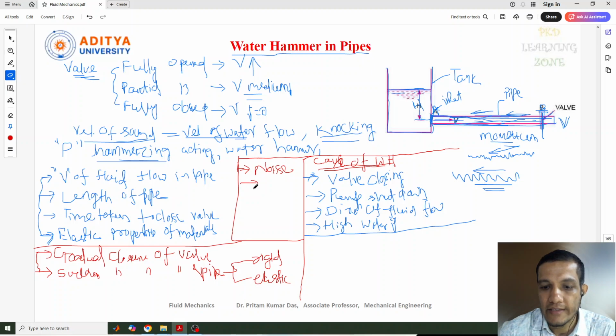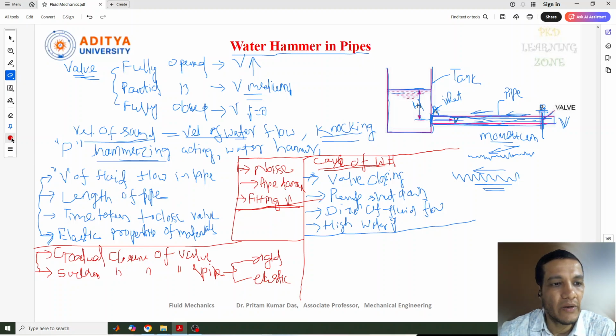And the second one, due to this water hammer, the pipe can be damaged. Pipe damage. And what fittings are near this pipe? Nut and bolt fittings will be there. In that also we can see the fitting will be damaged. Okay. So these are some effects of water hammer.